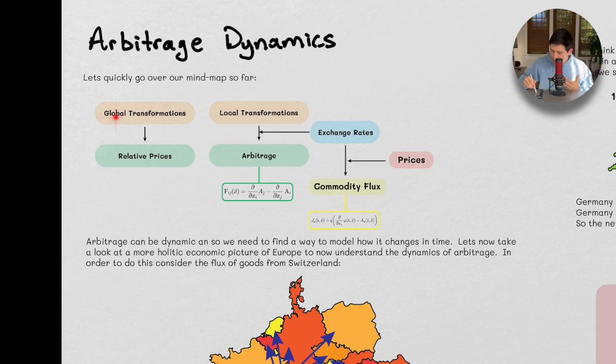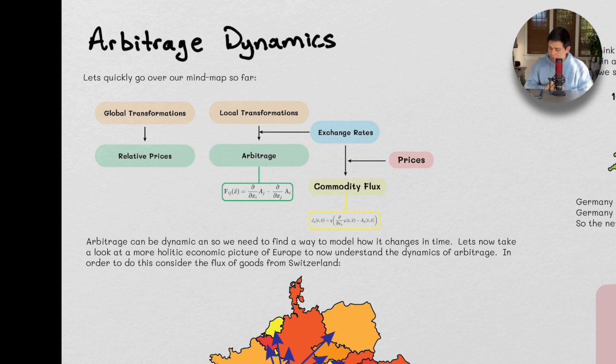Global transformations gave us relative prices within countries. Local transformations were a little different because of these exchange rates. When you have exchange rates between two countries, that exchange rate helps facilitate local transformations in keeping arbitrage an invariant quantity under those local transformations.